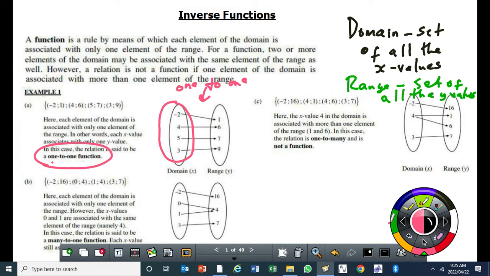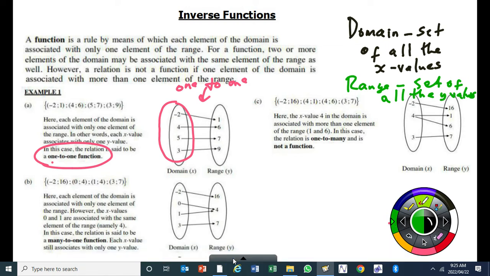Okay, so I'm saying if you have got a many-to-one relationship, can I have your attention? If you have got a many-to-one relationship, what it means is that at least two inputs will give you one output.